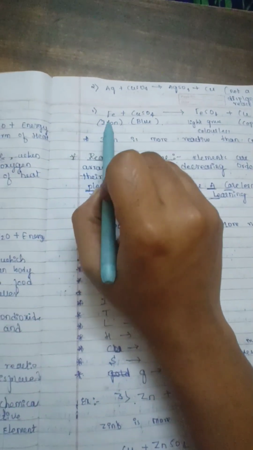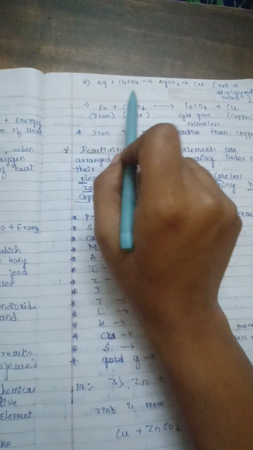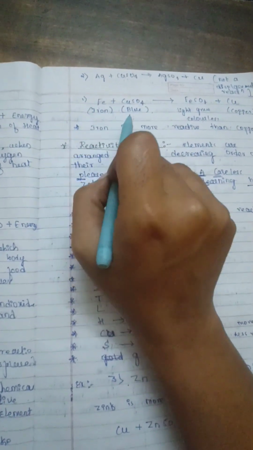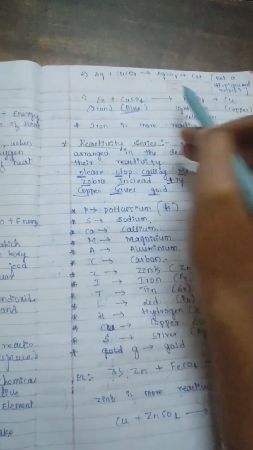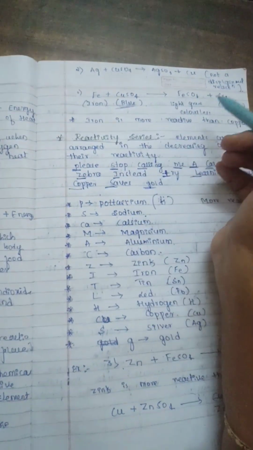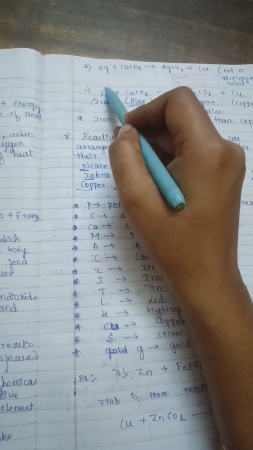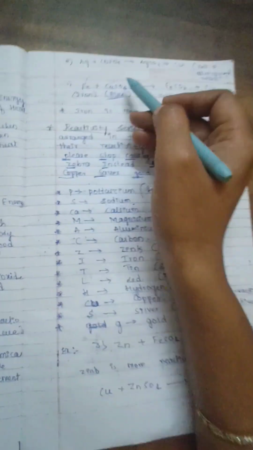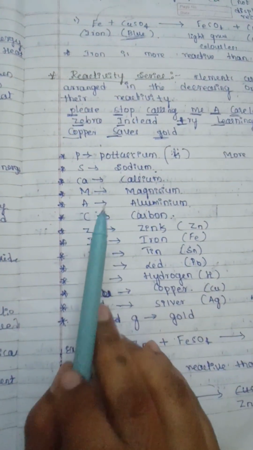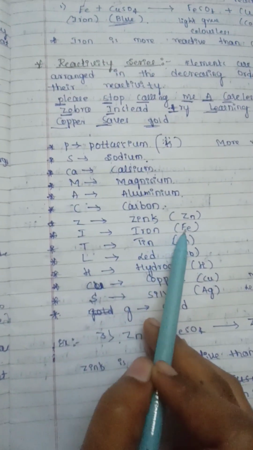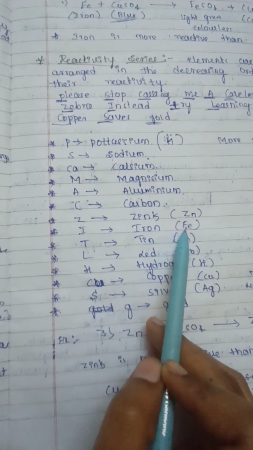Now here is an example of displacement: Fe plus CuSO4. Iron, and CuSO4 is in which color? Blue color, which gives FeSO4. Here Fe has displaced the position of the copper. Look at the reactivity series: iron and copper, where is the copper? Copper is here.